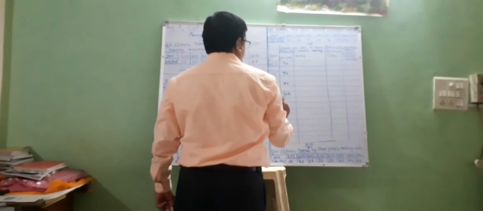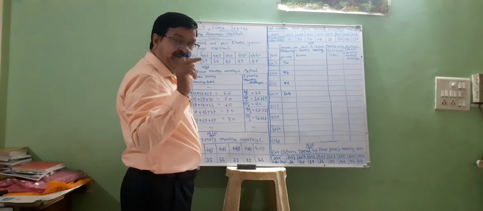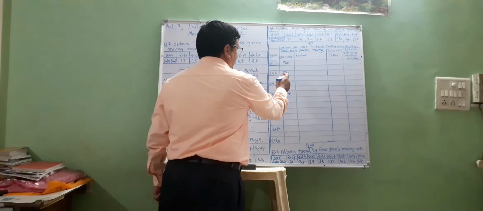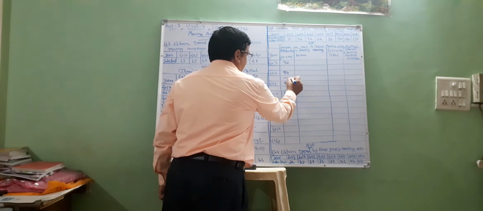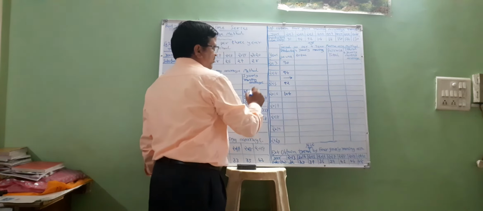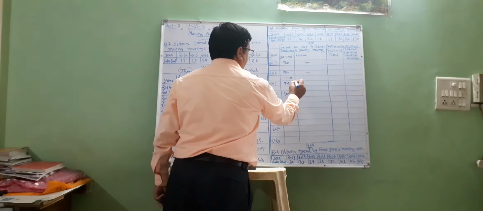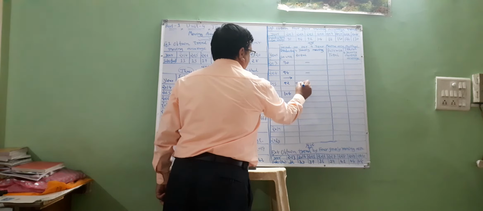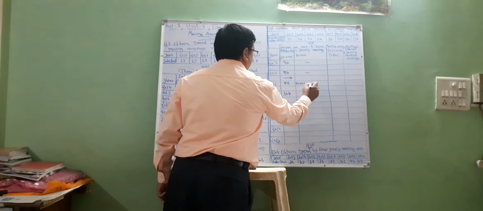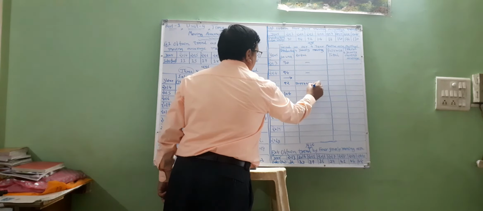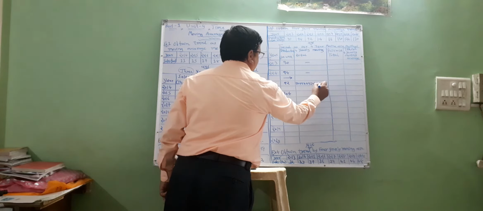So the 4-year total is written right between these 4 data. So we take the total here: 90 plus 94 plus 92 plus 104.